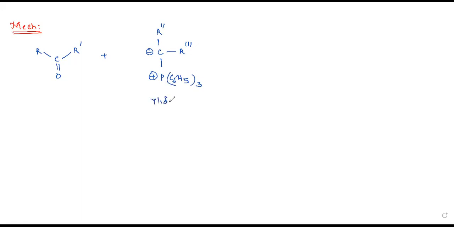Now, see the way bonds are formed. This negative charge refers to a lone pair. Now, this will attack the carbonyl carbon, and as it attacks, the bonded pair moves towards oxygen, then this gets a negative charge, and the negative thing attacks the positive.